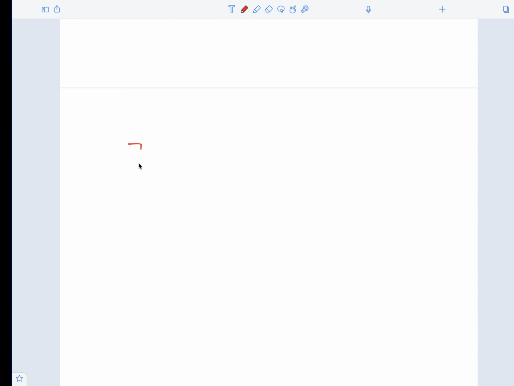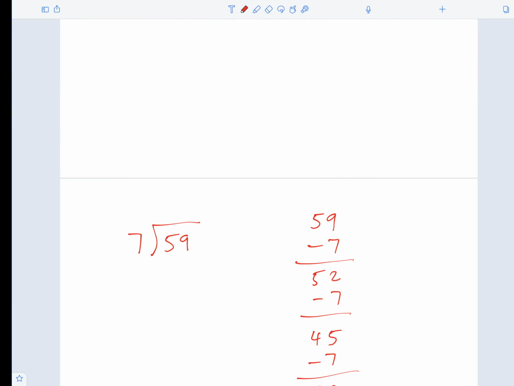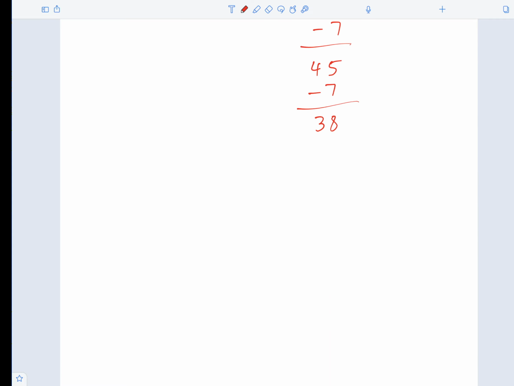Also, a lot of students struggle with their multiplication tables, and one thing that I always tell students when that happens is that if you don't know how many times 7 goes into 59, you just keep subtracting. So 59 minus 7 is 52. Subtract another 7, you'll get 45. Subtract another 7, you'll get 38. Subtract another 7, you'll get 31.